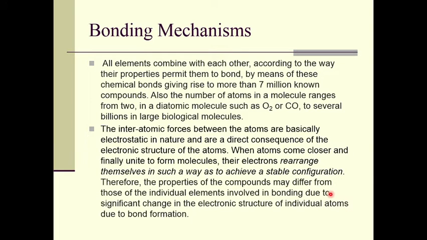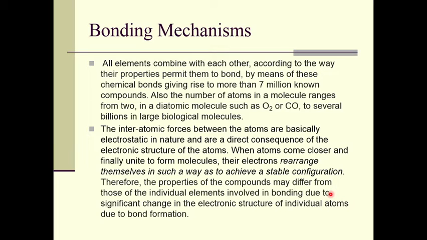These interatomic forces between the atoms are basically electrostatic in nature, right? And they are a direct consequence of the electronic structure of the atoms. So the electronic configuration of the atom will give rise to different interatomic forces.